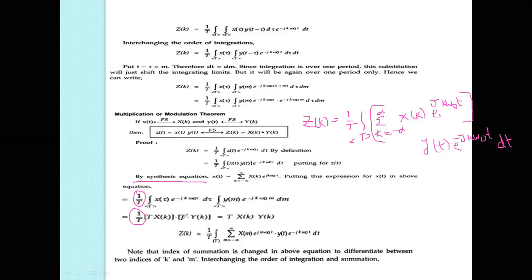There is no 1 by T for one of them, so multiply with T. Keeping the 1 by T here, and multiplying with T for the other function too. So 1 by T the integral over T x of tau e power minus j k omega naught tau d tau is T into x of k, and this function is T into y of k. So T gets cancelled, giving T into x of k y of k.